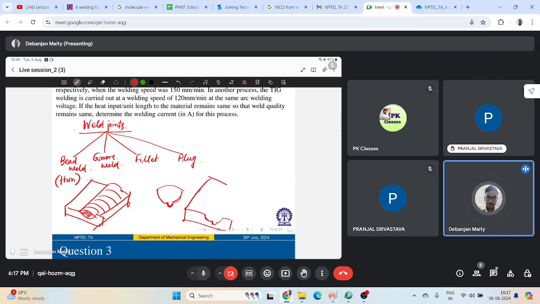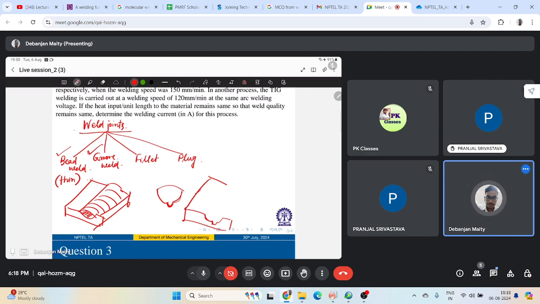As I was mentioning, there can be specific types of grooves, and the grooves which you want to prepare depend on the thickness of the joint and on what welding process you want to employ, right? Okay, and then you can have fillet welds. I talked about bead weld, I talked about groove weld. You can have fillet welds also.